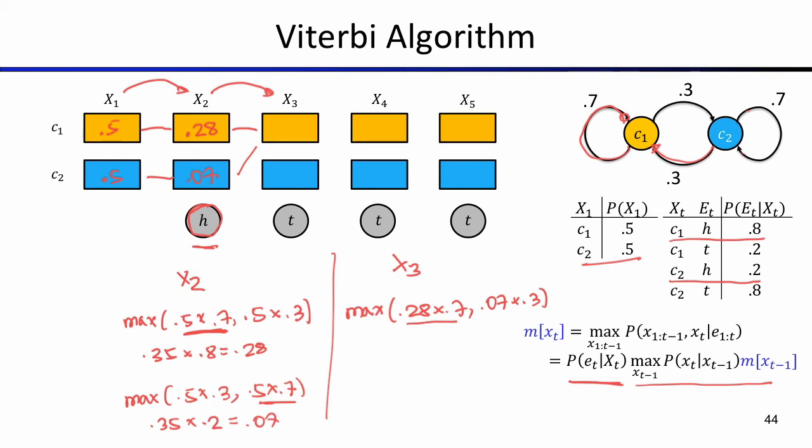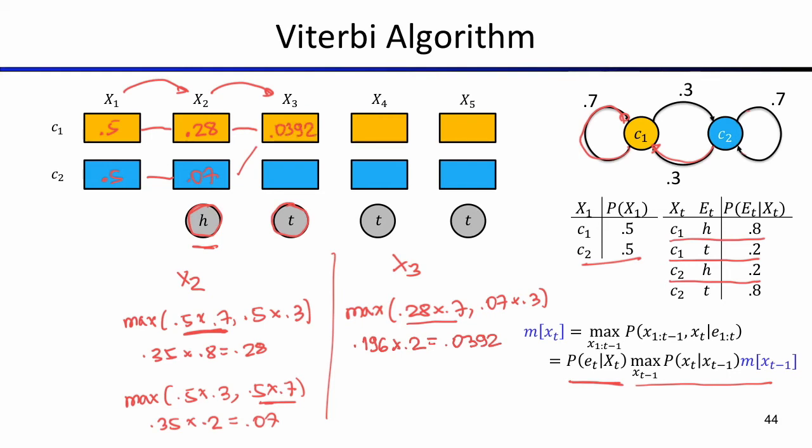And 0.28 times 0.7 is going to be 0.196. Okay, but now we had a tails outcome. So, yeah, that is less likely for C1. So it's going to be times 0.2, and this guy is going to be 0.0392.